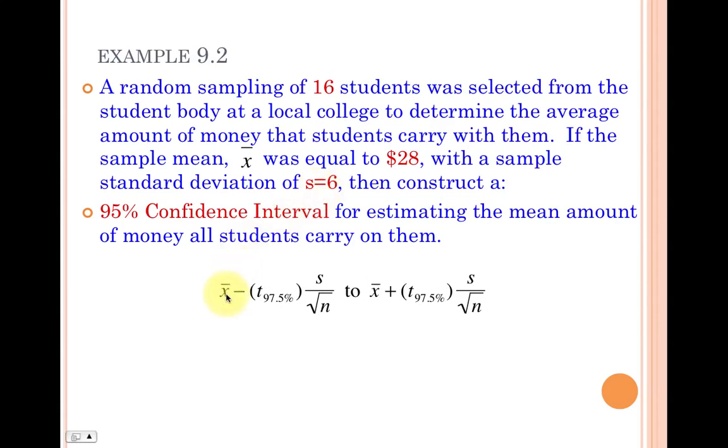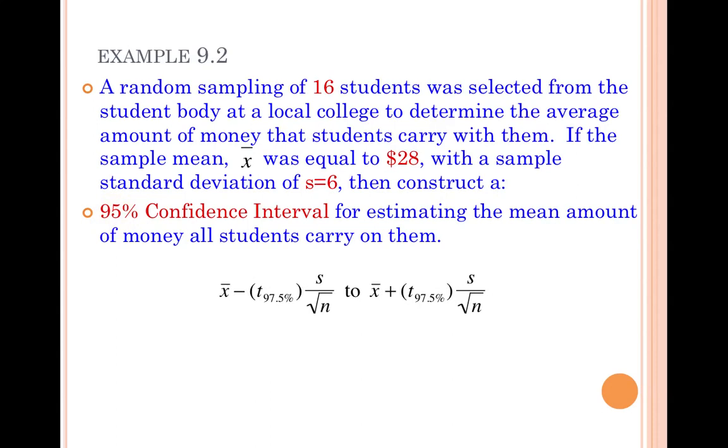The formula is X bar minus t subscript 97.5% times S divided by the square root of n to X bar plus t subscript 97.5% S divided by the square root of n. Now that 97.5%, where does it come from again? Well, that's the area to the left of the t-score when you're cutting off the middle 95% of all t-scores.